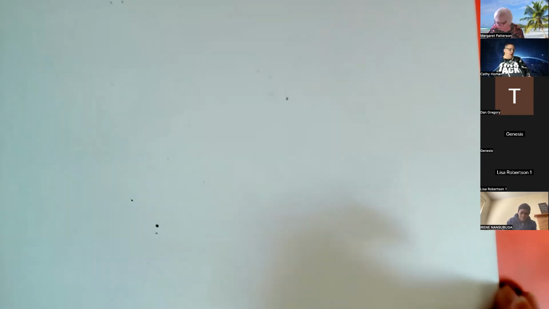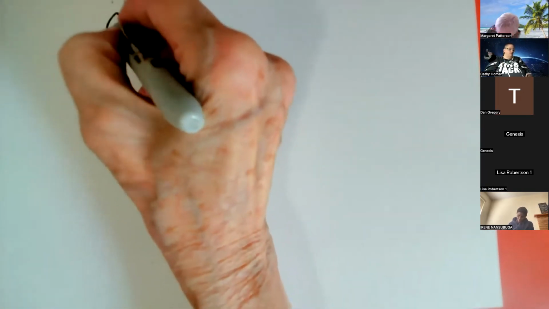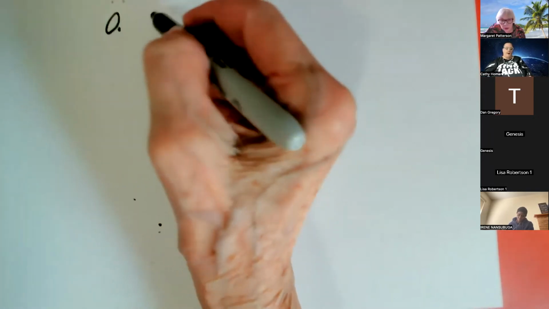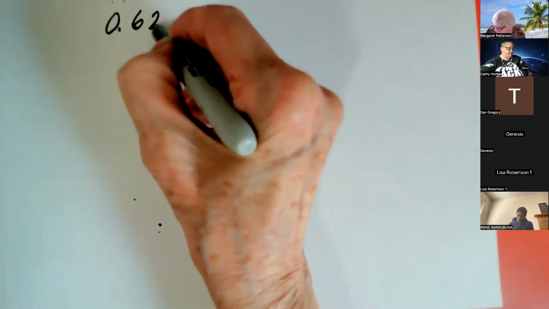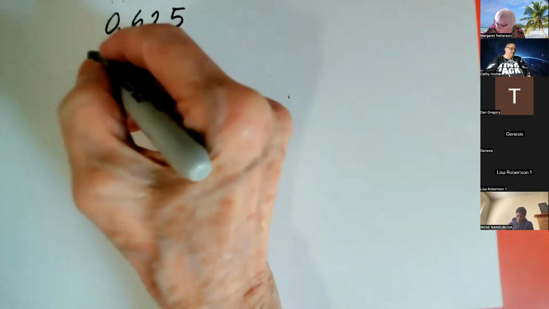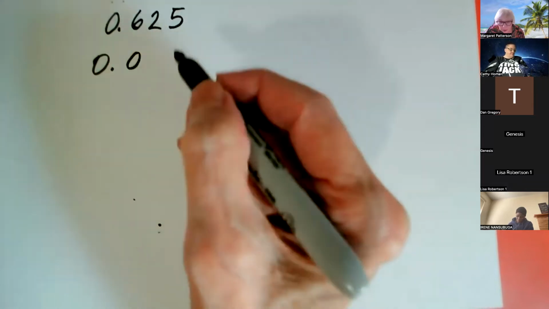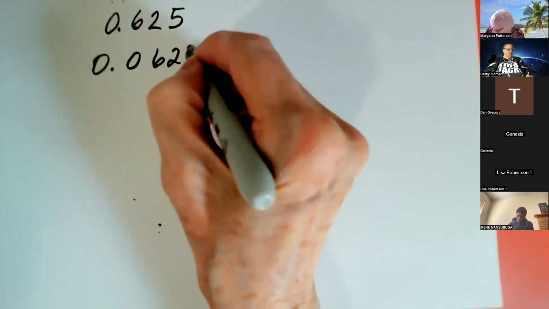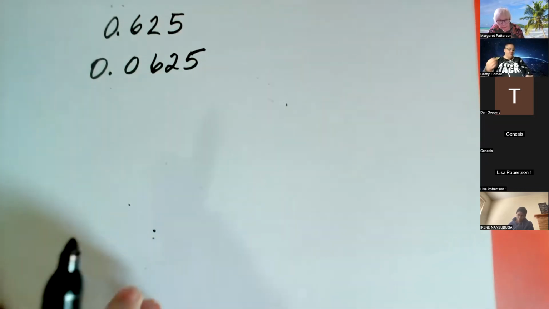Change 0.0625 to a fraction and then reduce it. So 0.625 is what I'm hearing, right? 0.0625. Oh, there's another 0 here. Well, that's a real pain.